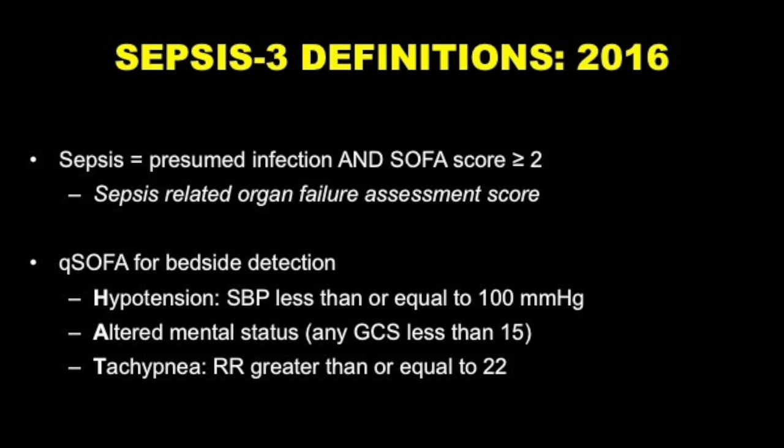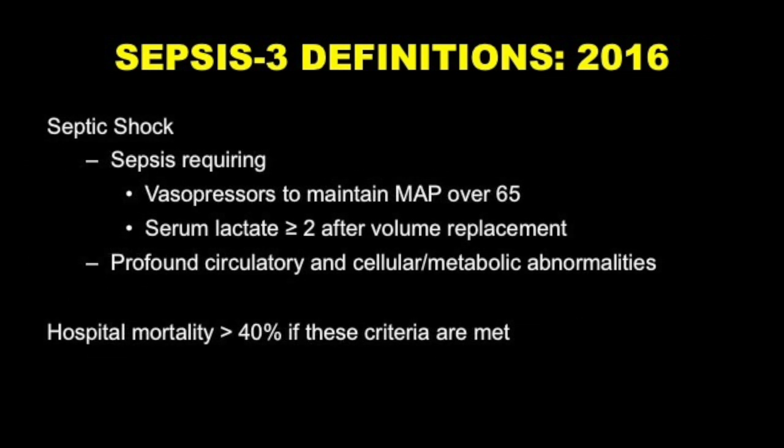Moving across to septic shock. This is sepsis, so infection plus a SOFA score of 2 or greater, plus vasopressors to maintain a MAP over 65, or serum lactate greater than or equal to 2 after volume replacement, meaning there's still evidence of organ malperfusion.